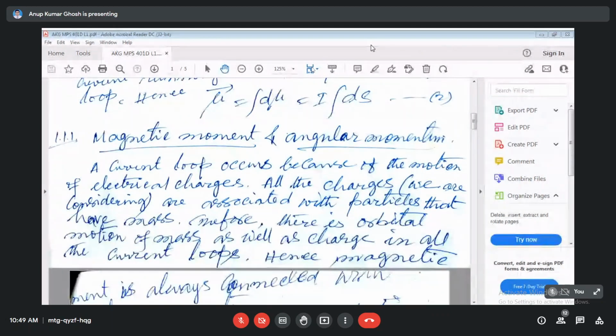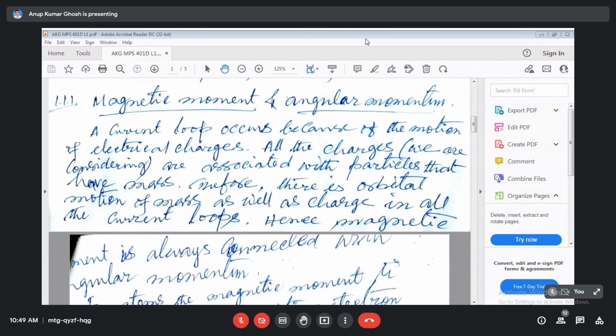Now the relation between the magnetic moment and the angular momentum. A current loop occurs because of the motion of electrical charges, right? All the charges we are considering are associated with particles that have mass, as I already told.